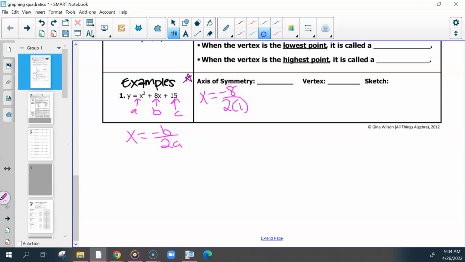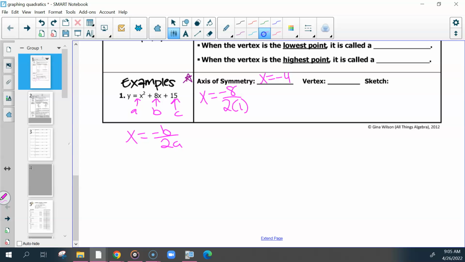And figure out what x equals. What would x equal? -4. So then you would use that to find your vertex.